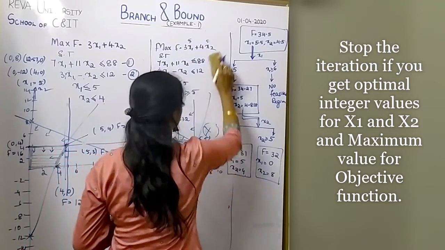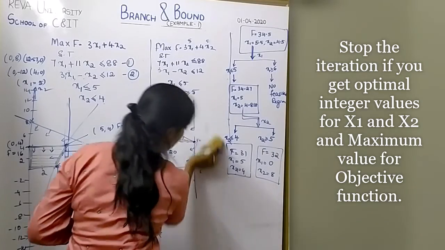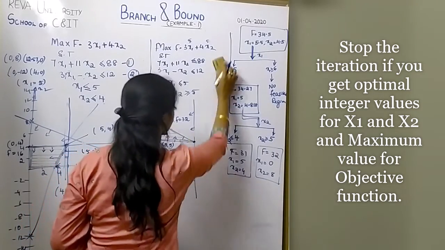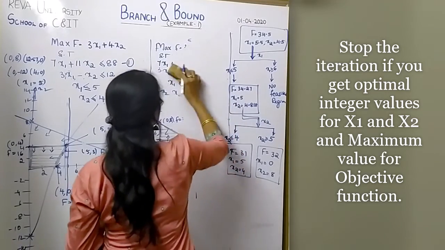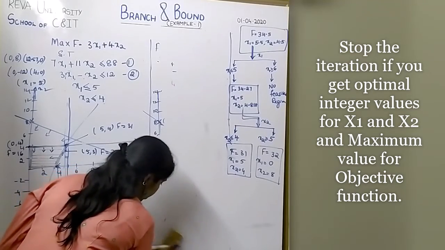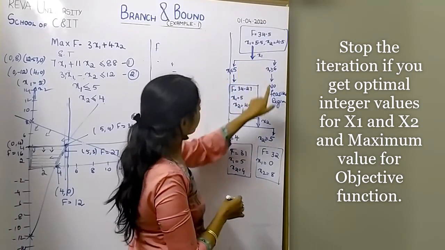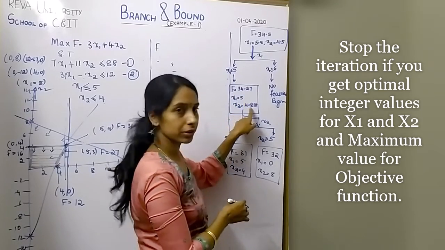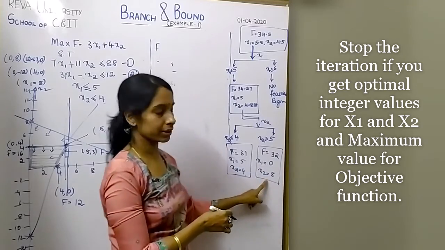Now, since I got all the values in integers, we have to decide which integer value to consider. You cannot consider this one because you have a fraction here. You can consider either this or this.